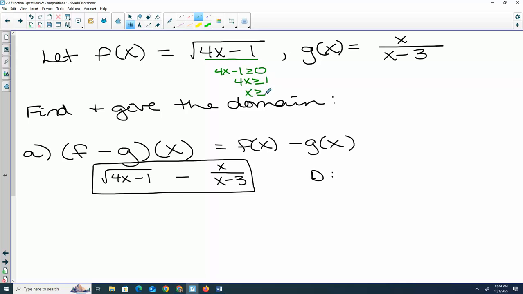So that means I can only plug in things greater than or equal to 1/4. This one is a fraction. If you have a fraction, what do we know? The bottom of the fraction, the denominator, can't be 0. So x can't be 3.